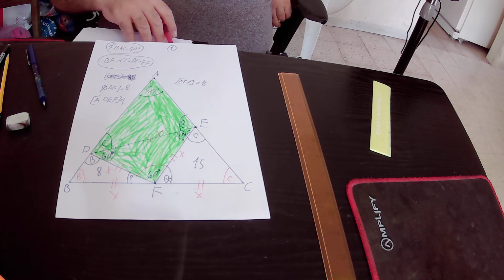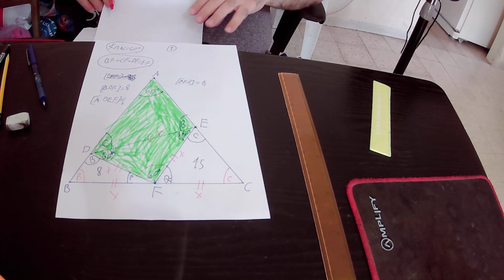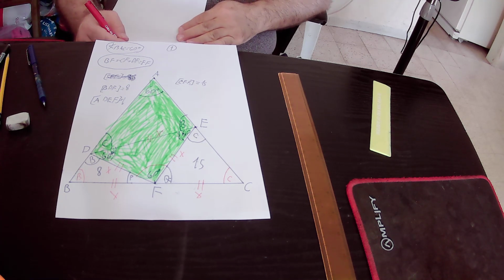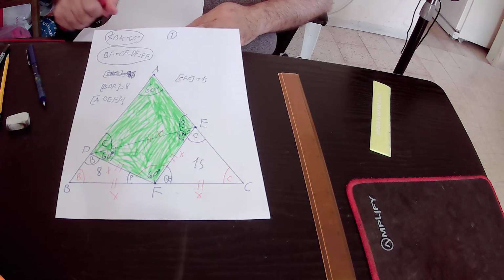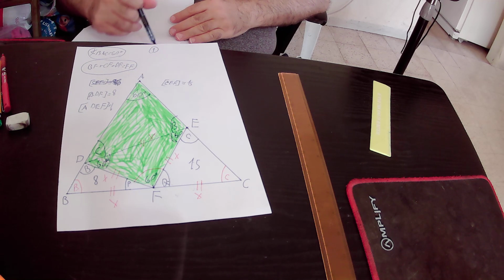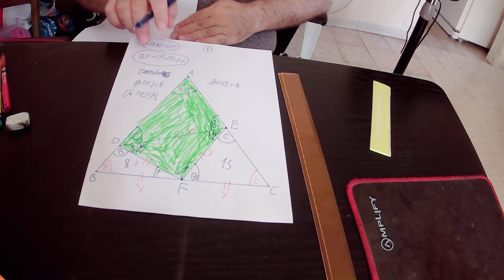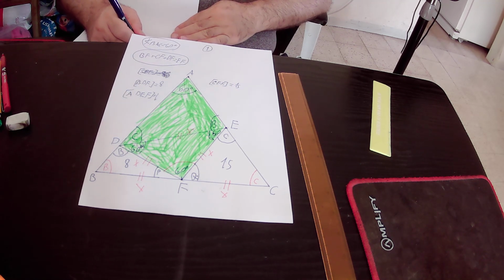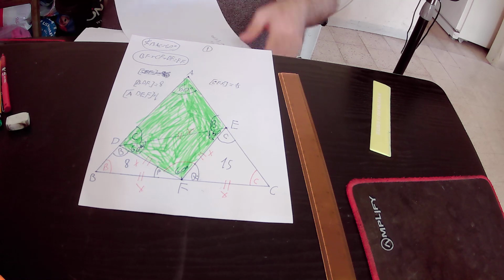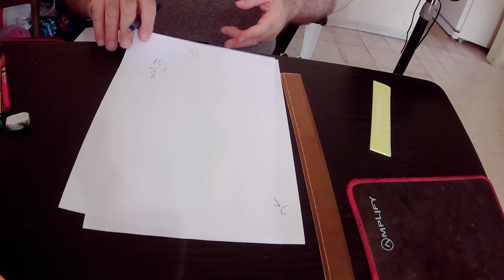Okay, actually if we divide the area of triangle EFC, that is 15 square units, by the area of triangle DBF, this triangle that is 8 square units, we will get 15 over 8.